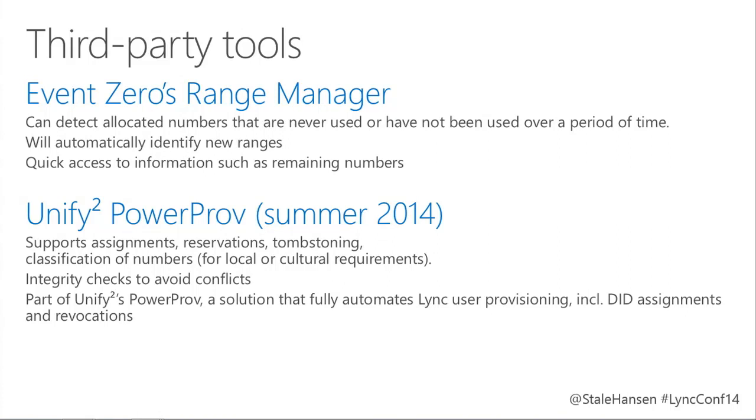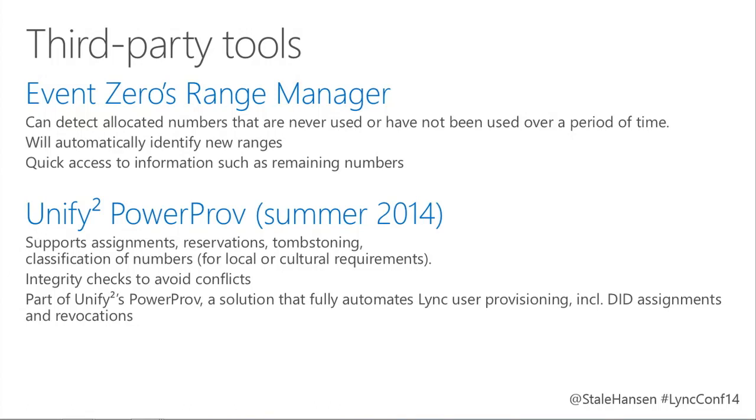So we assign a number to a user, but it's not in use. No one dials that number. Maybe we should save some numbers then and not assign any numbers to that user because the number is not in use. And it will identify new ranges, and give you some cool stats on your deployment in terms of numbers.